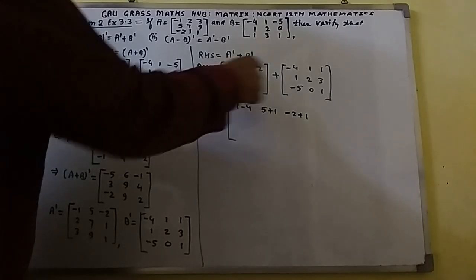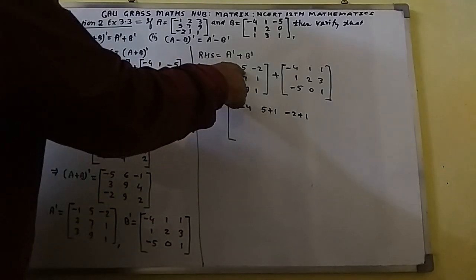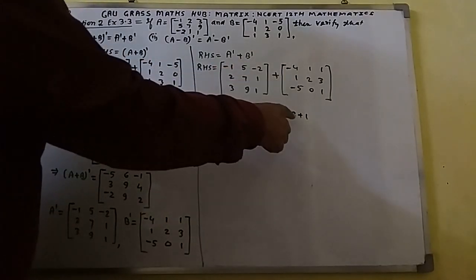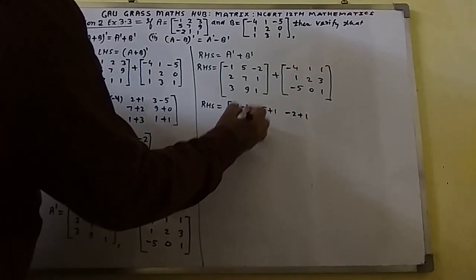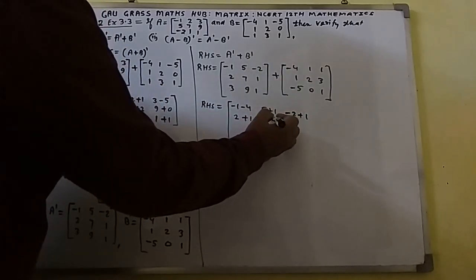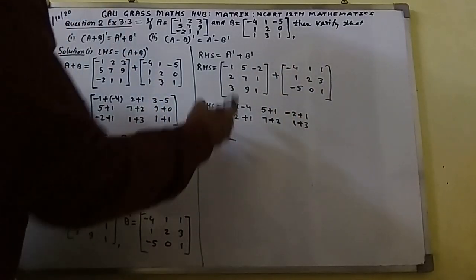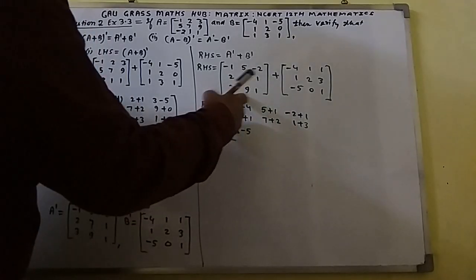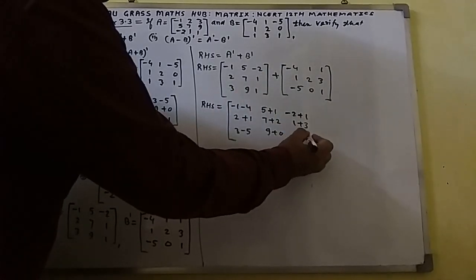Again in this matrix, 2 will be added to 1, 7 to 2, 1 to 3. 3 minus 5 I shall write here. 9 plus 0, and here 1 plus 1.